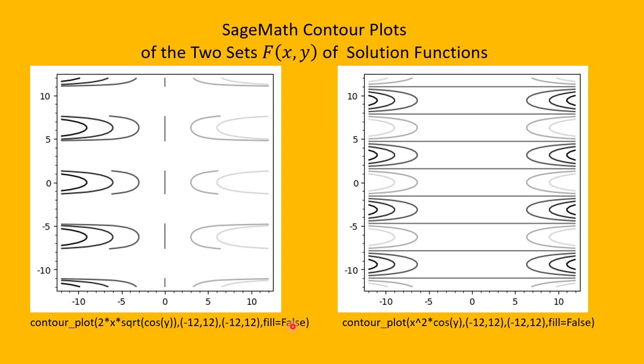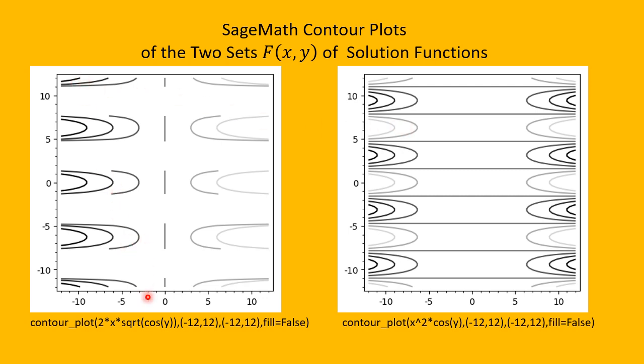Fill equals false just means that there's no shading between these level curves. On this side, we have a contour plot of x squared times cosine y, also x going from minus 12 to 12, y going from minus 12 to 12, with no extra shading added. If we look at these, in this first graph, it looks like something is missing compared to the second one.